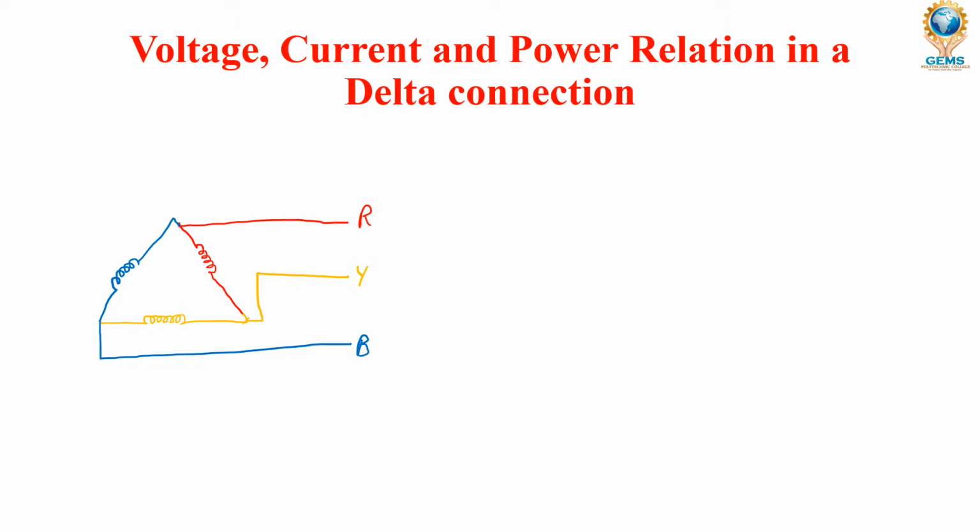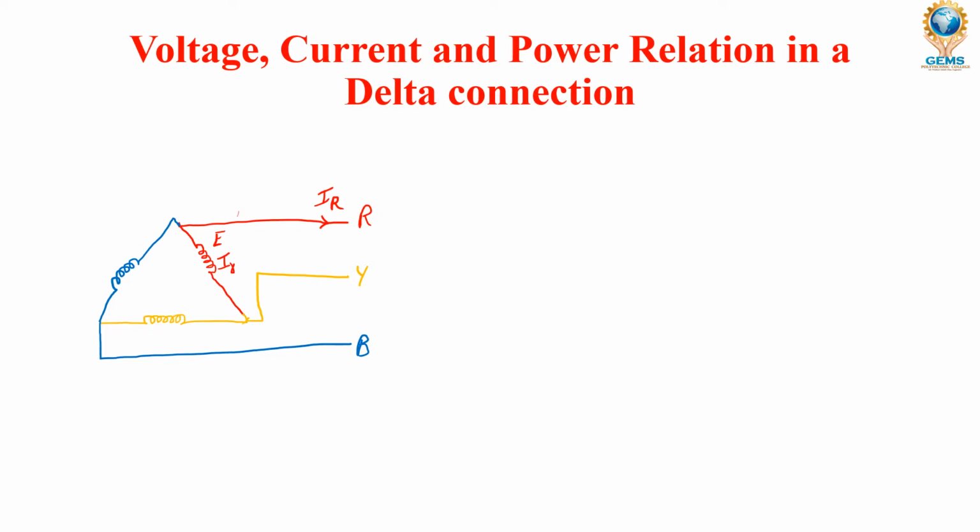Next, if you see current, the current in this phase is IR, but when it comes to here, the current value is I capital R. This is the line current. This is the phase current, I small r, and I capital R is line current. The voltage here is E small r, the voltage in R phase.